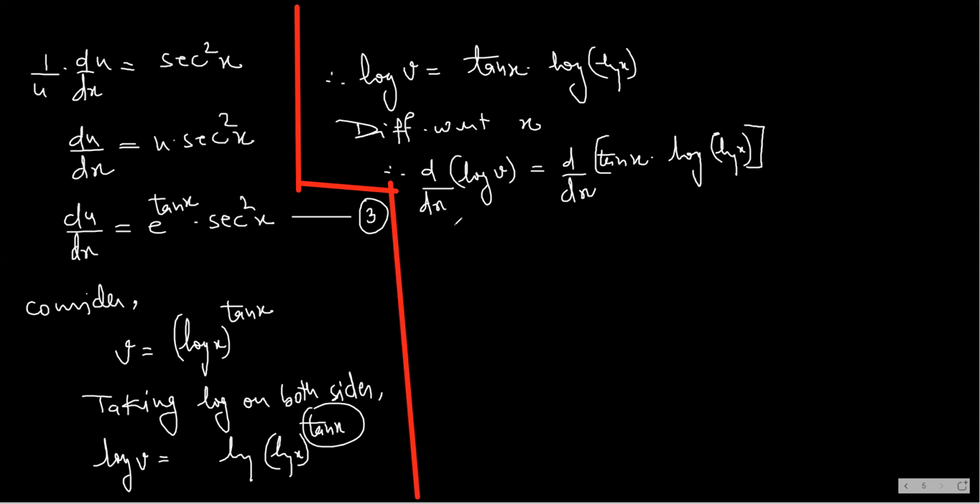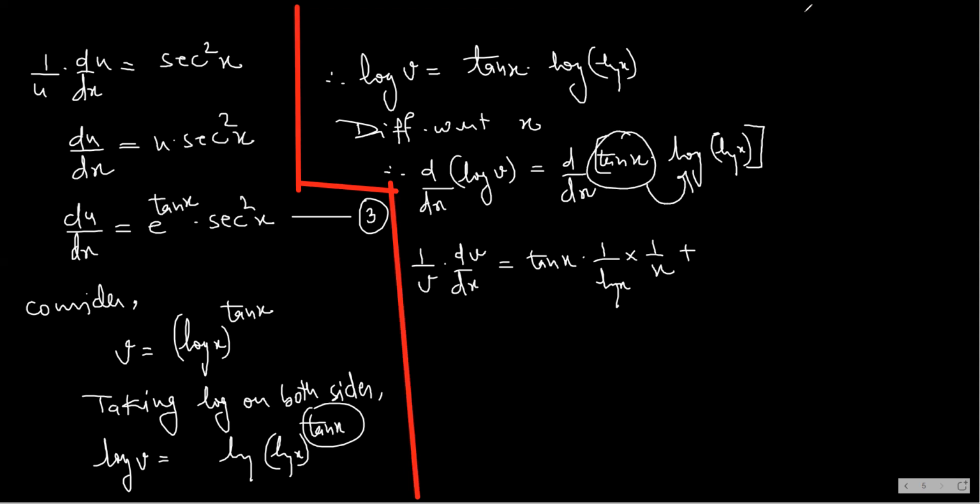This will get me d by dx of log v, which is 1 upon v into d by dx of v. And this is tan x, d by dx of log x, which is 1 upon log x into the derivative of log x, which is 1 upon x. I'm doing it directly now; we have done enough problems.